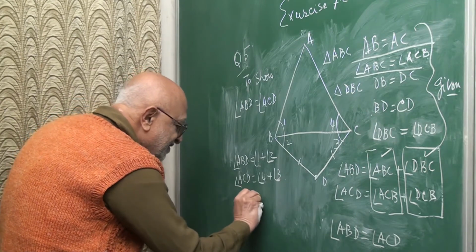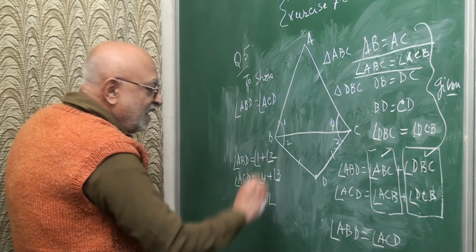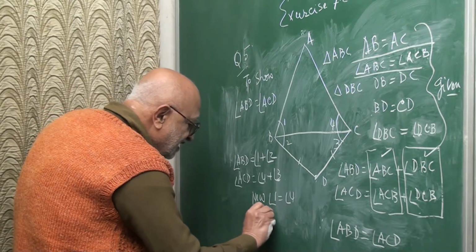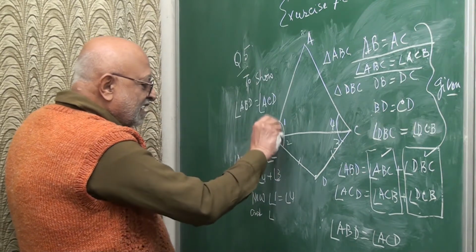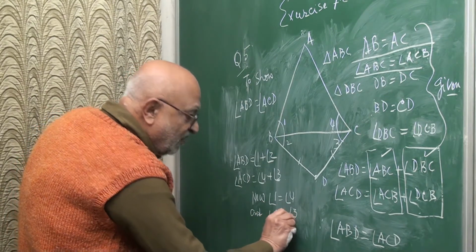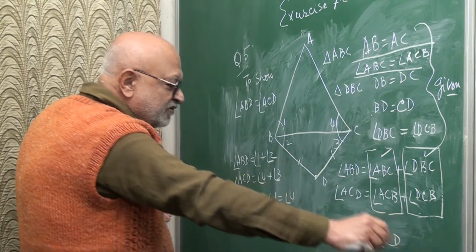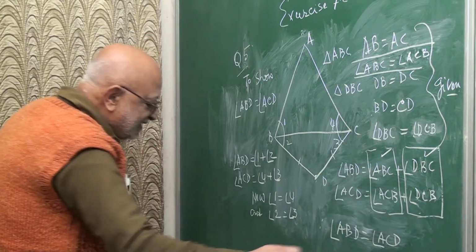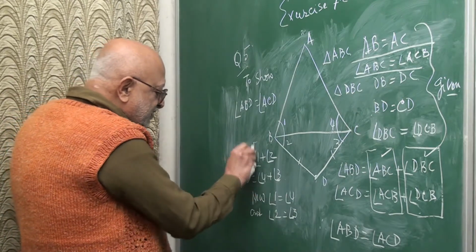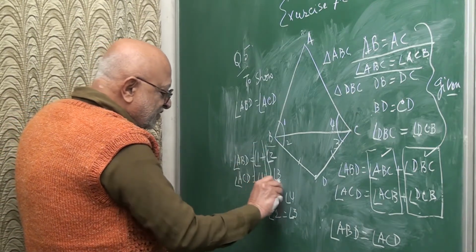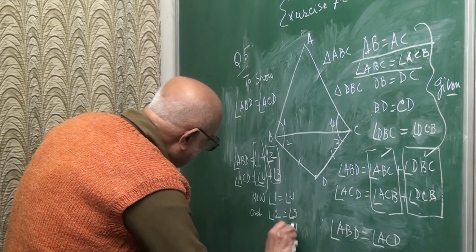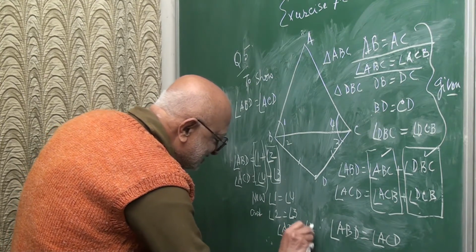Now, angle 1 is equal to angle 4, angle 2 is equal to angle 3. So all these things where you can get confused are eliminated here straightforward. That means these two are equal, these two are equal. Therefore, you can write angle ABD is equal to angle ACD.